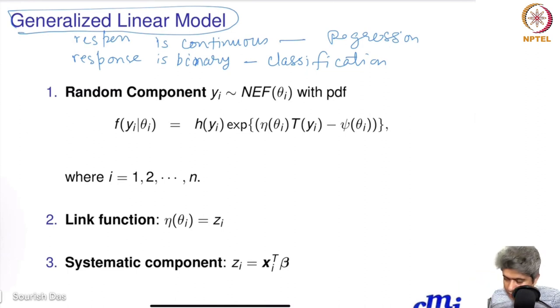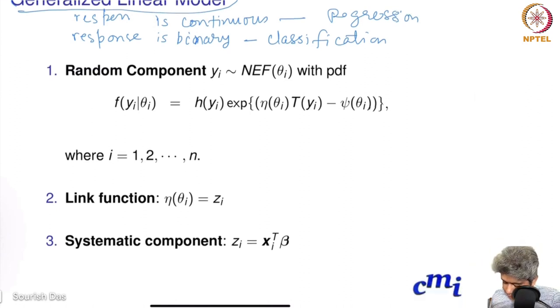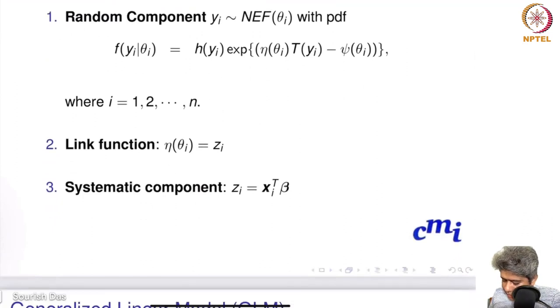Okay, so what we are doing is very simple. We have a random component yi, because the generalized linear model has 3 components: random component, link function, and systematic component.